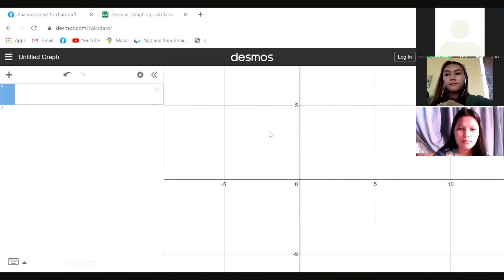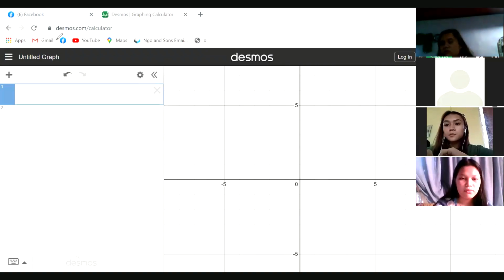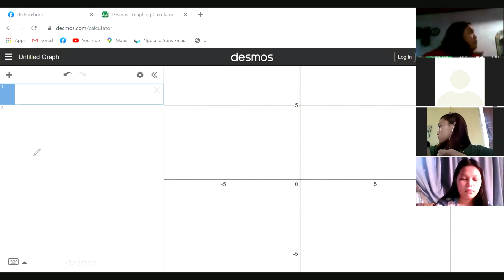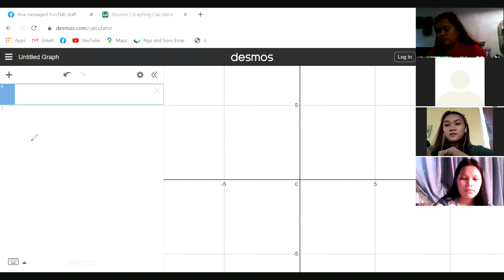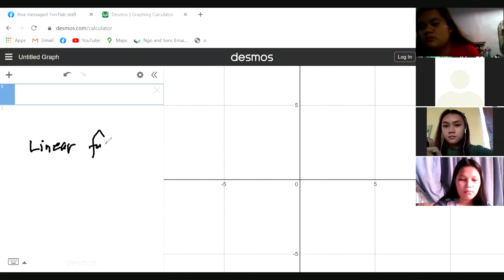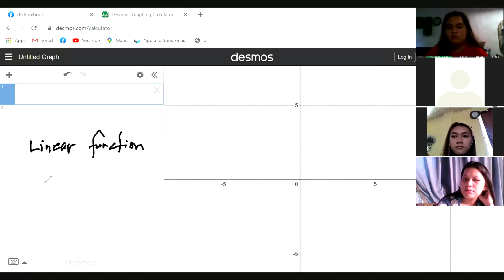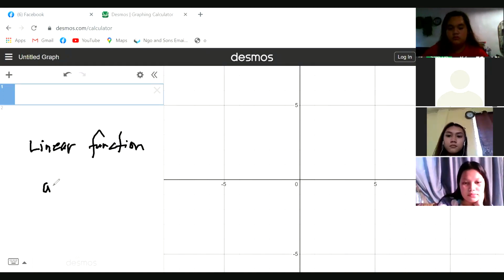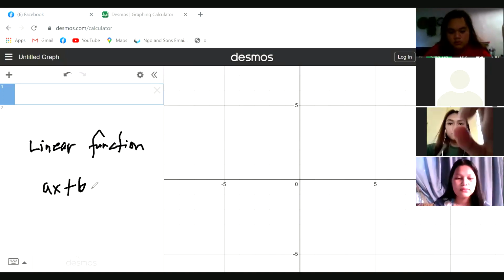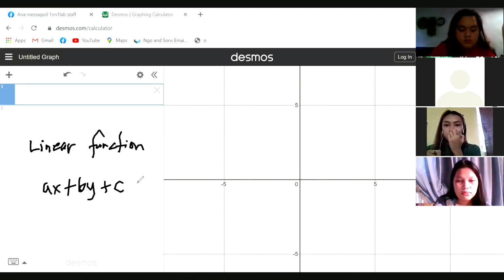Okay, so let us start with the very basic function. The very basic function is what we call the linear function. If you have a linear function, then it must be of the form ax plus by plus c.